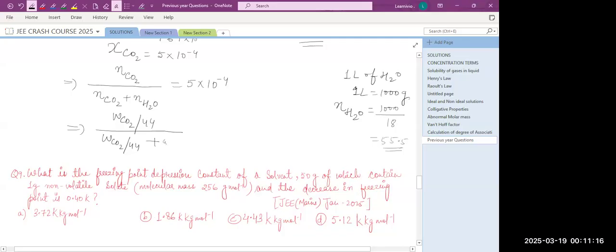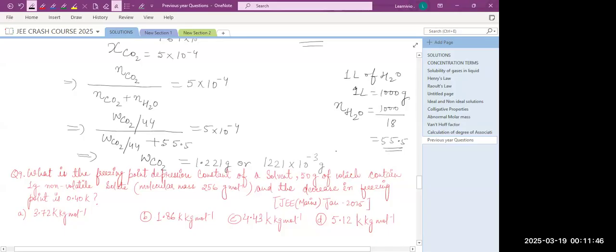So just substitute the value of number of moles of water, 55.5, and set it equal to 5 into 10 to the power minus 4. Now, when you solve this equation, you will get the weight of CO2 equal to 1.221 gram, or you can say 1221 into 10 to the power minus 3 grams.